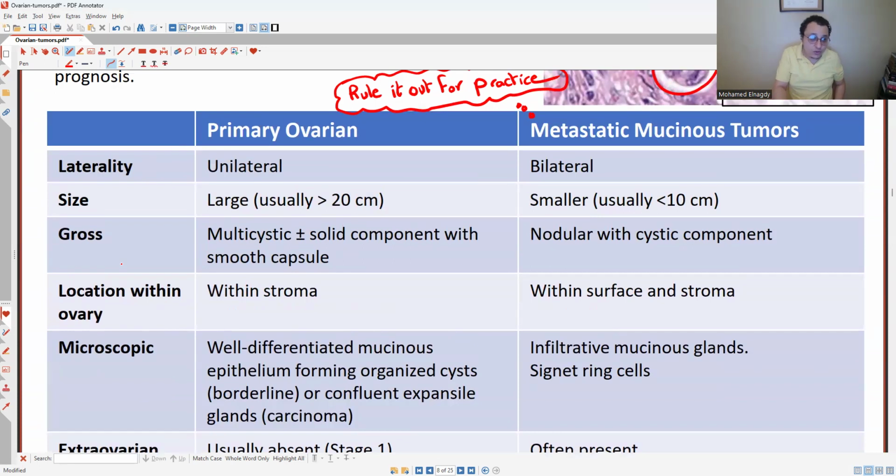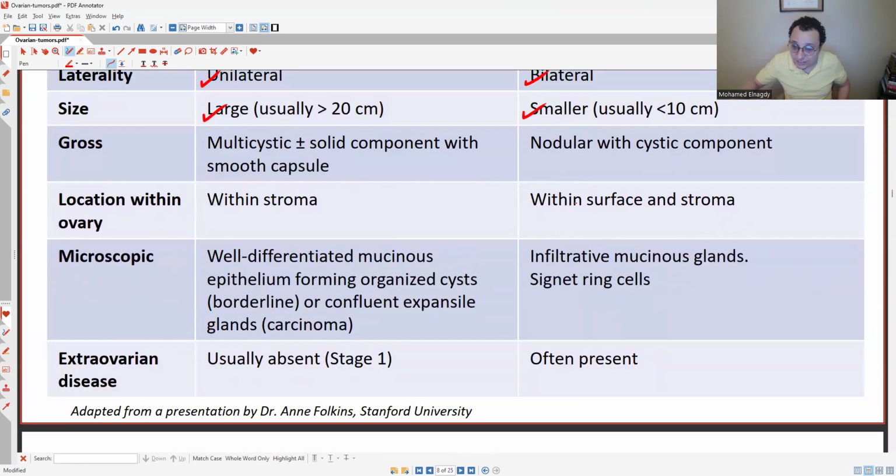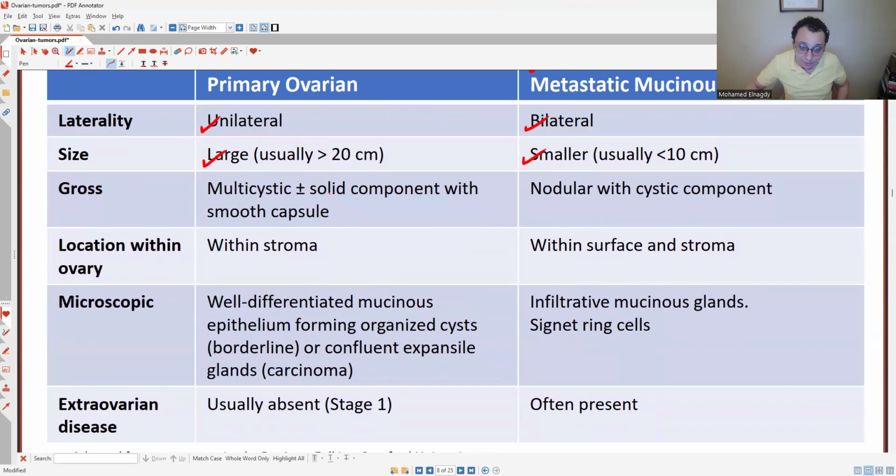And he's also saying here that the primary ovarian one is going to be unilateral, the other one is going to be bilateral. The size in the primary ovarian would be larger than the metastatic deposits, which are usually smaller. The location in the primary ovarian would be within the stroma.